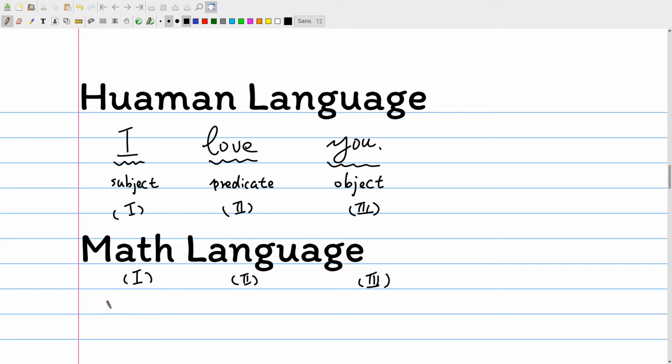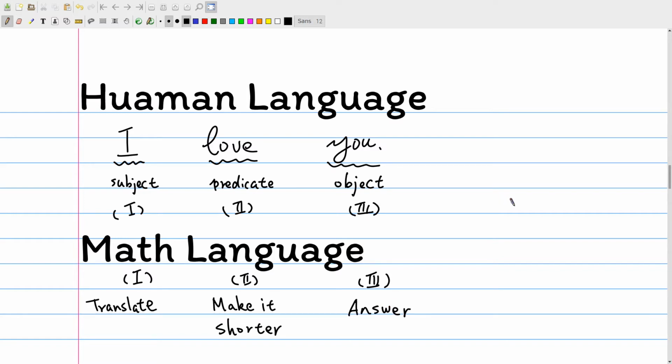I gave them three names to represent those three parts. Part 1, we call it translate. Part 2, we call it make it shorter. Part 3, we call it answer. In this part, we find the answer.